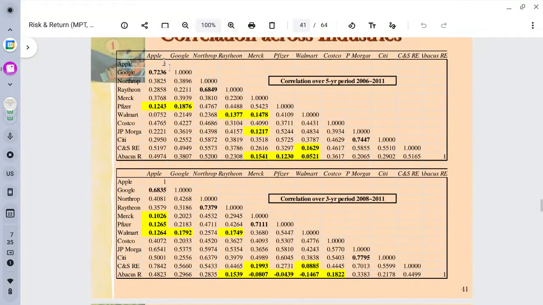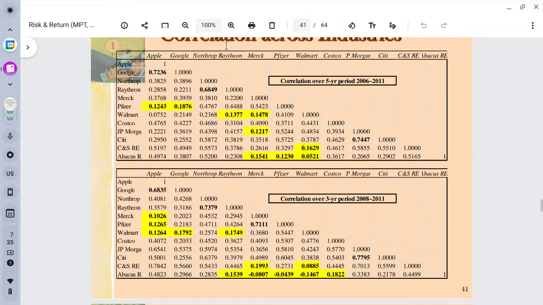For example, this is a correlation matrix. Apple and Apple: correlation is always one with itself. Think about it. Your correlation with yourself is always one, isn't that right? If you have an identical twin, the correlation will be very high, but it won't be one.